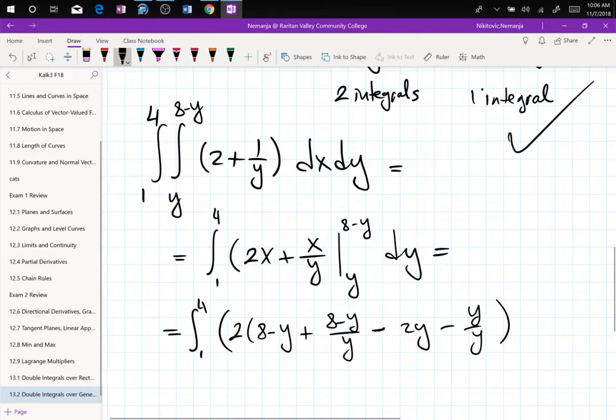All of that in parentheses, and I still have dy. Look how great this worked out, right? All of the variables that I have are y's, and I still have to integrate y out. So that's good. What would be wrong? You immediately see you are wrong if you have any x's left, right? Because now you have to integrate in respect to y at the end and just use 1 and 4 and be done, right?